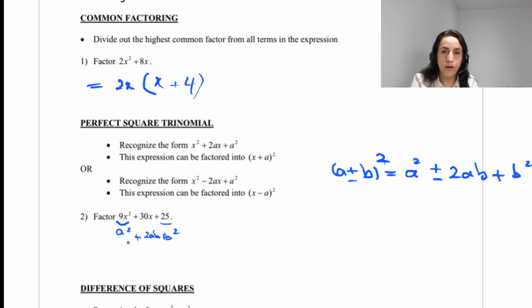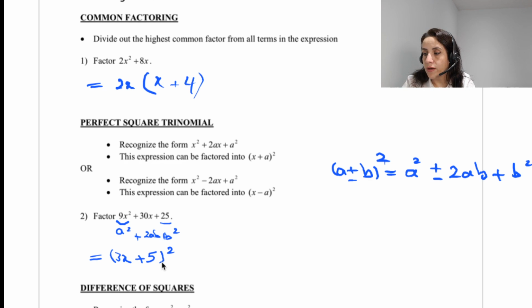If I compare this expression with the formula that I have, a squared is 9x squared, so a is 3x, and b squared is 25, then b is 5. I have to make sure that 30x is 2ab. 2 multiplied by 3x is 6x, multiplied by 5 is 30x. Then the formula is correct.